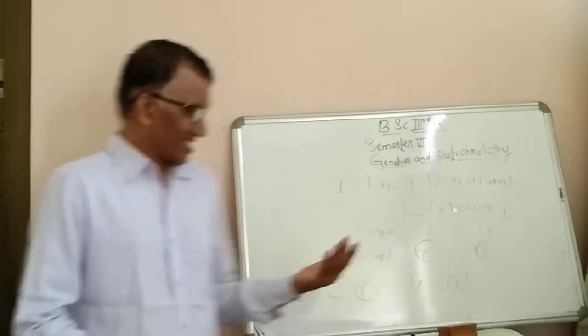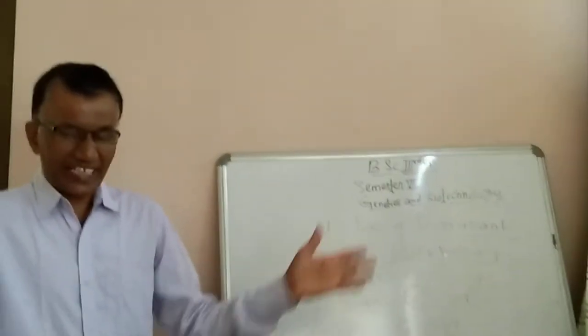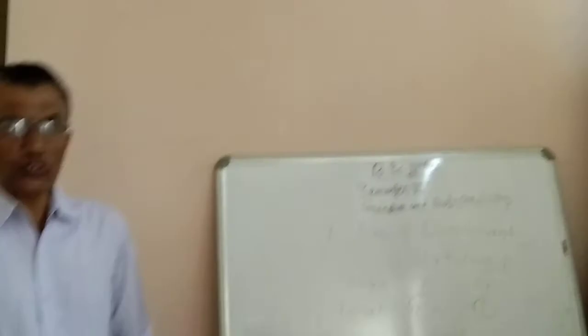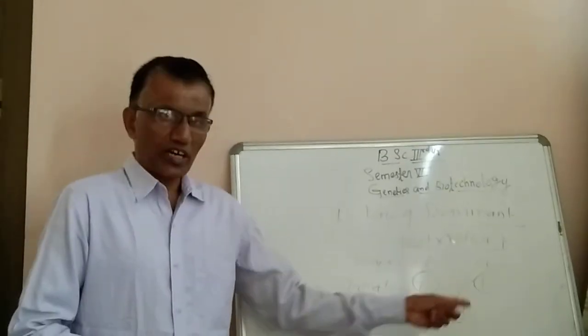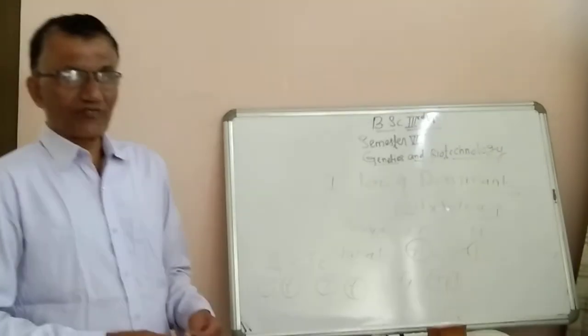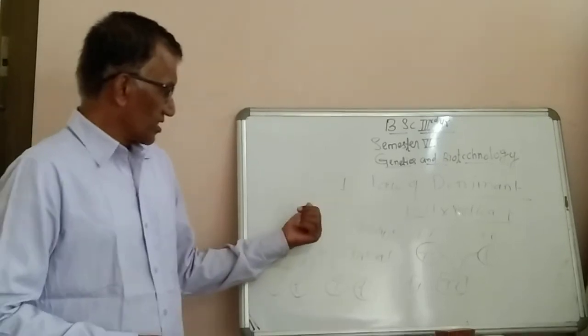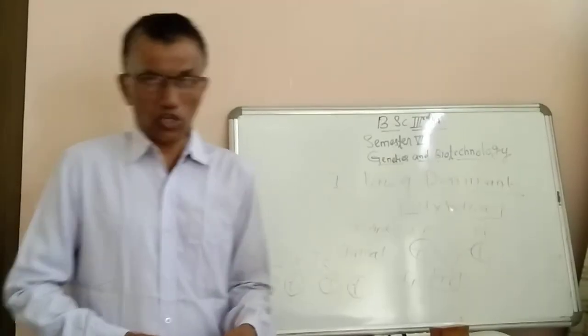During gametogenesis, again these two genes are separated during gamete formation, and so while crossing these plants we observe a 3:1 ratio, meaning 3 tall and 1 dwarf.